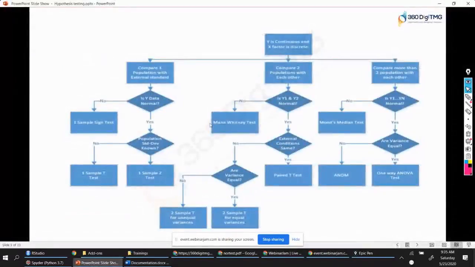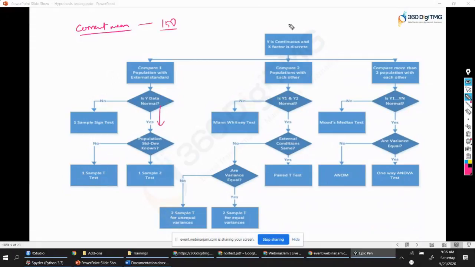So let us go back to the flowchart. We are seeing this condition where data are normal, so we follow this. Now remember what we are trying to do here. We are trying to check whether the machine is cutting the length of that fabric appropriately to the standard.